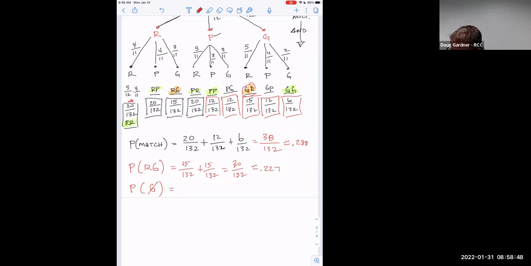That one doesn't have a green, 20 out of 132. This one doesn't have a green, that's 20 out of 132. This one does not. This one does not. This one does. This one has a green. Every one of these has a green, so I guess that's it. It's those 4. Do you agree with that?